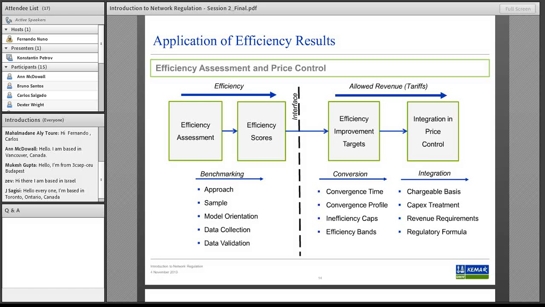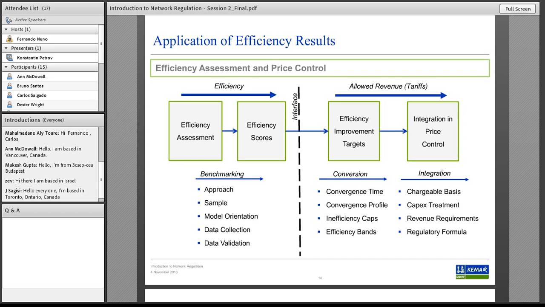Immediately, tomorrow, for 1 year, 2 years, 3 years, 5 years, or probably 10 years. Number one, the question. Number two is with which profile do we want to have kind of linear reduction of the efficiency, of the inefficiency over 5 years, or want to have non-linear reduction, for example. That's also a possibility. For example, stronger reduction in the first year and not so strong in the last, for example, the next 3 to 4 years.